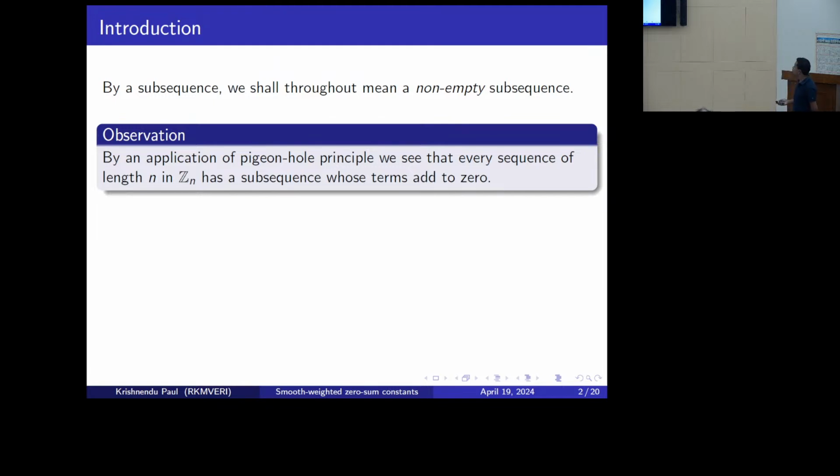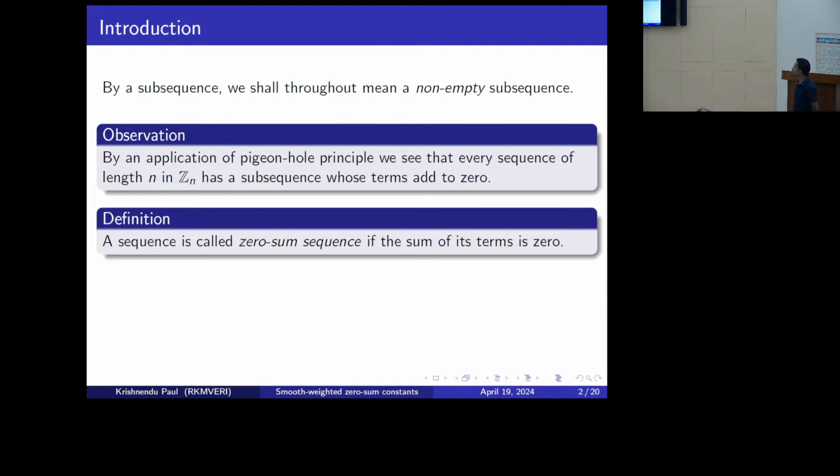We define a zero sum sequence as a sequence whose terms add to 0. That means the earlier observation says that any sequence of length n has a zero sum subsequence.